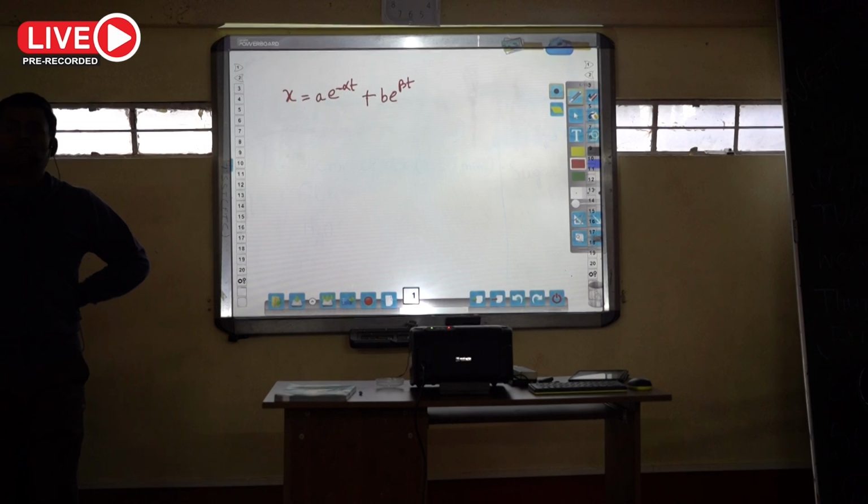If you find the derivative of this equation, you will get the velocity v, instantaneous velocity. Is that independent of alpha beta?